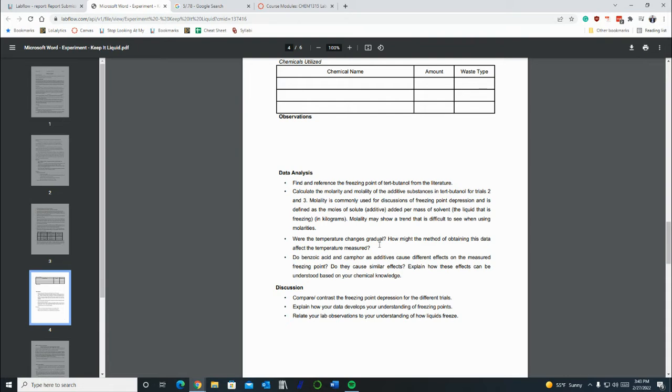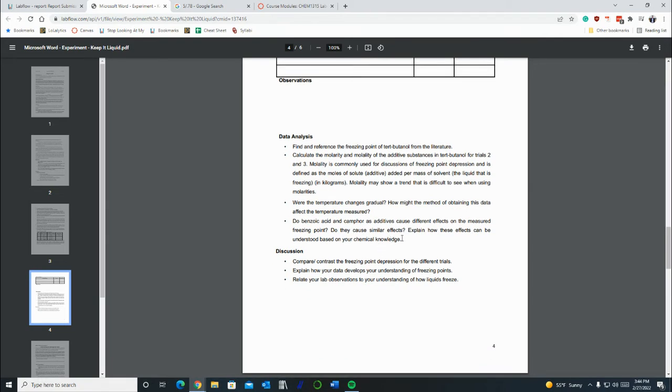Or perhaps using an ice bath, could either of these have an effect on the temperature measured? And then our final data analysis question is, did benzoic acid and camphor have different effects on freezing points? So did one depress the freezing point more than the other, or were they very similar? And then explain based off of their chemical structures on why there was or was not a difference.